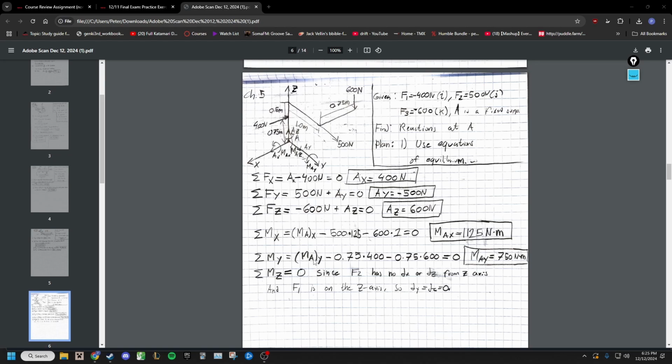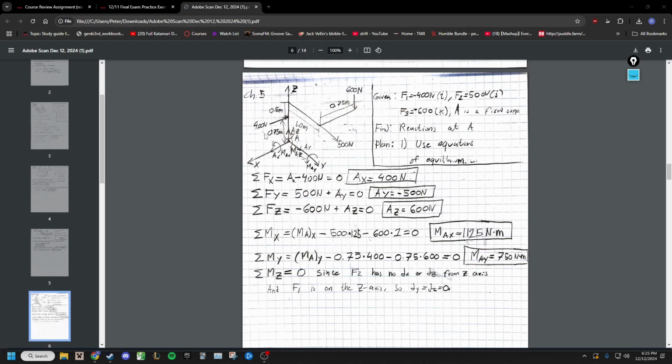Now, to find the moment, for example the moment about x, we multiply each of these forces by their distance from the axis. For example, this 400 newton force here doesn't create a moment because it's parallel to the axis.